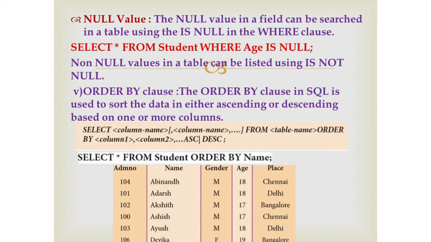So by default, if you don't mention anything, it will sort in ascending order only. You can see the student table arranged in ascending order. Look at the names: Abhinanth, Adarsh, Akshit, Ashish, Ayush, Devika, Hema, Revati. Based on this name, the corresponding admission number, gender, age, place, everything will change. The ORDER BY clause does not affect the original table.